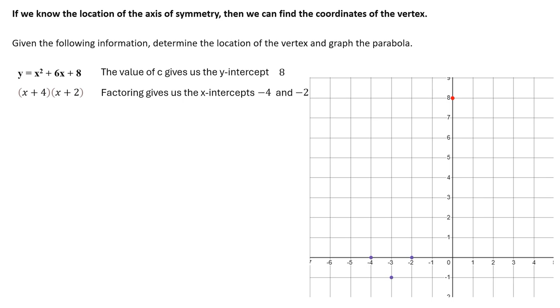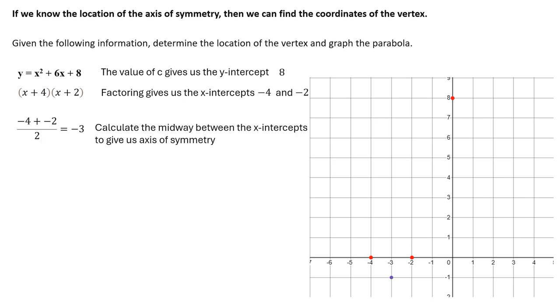We found two values that would add up to 6 but multiplied together to be 8, and those just happen to be 4 and 2. So we can say x plus 4 times x plus 2 is our factored form. What this tells us is that our x-intercepts are -4 and -2. So we'll put those x-intercepts right there.